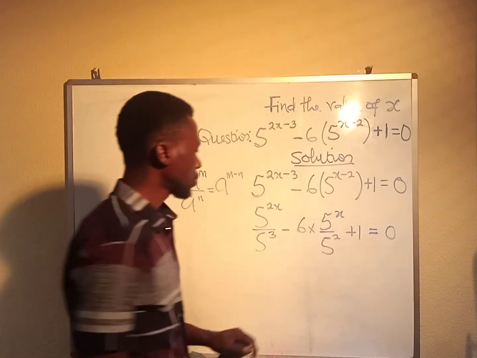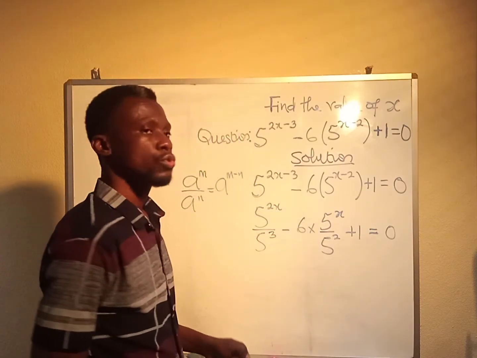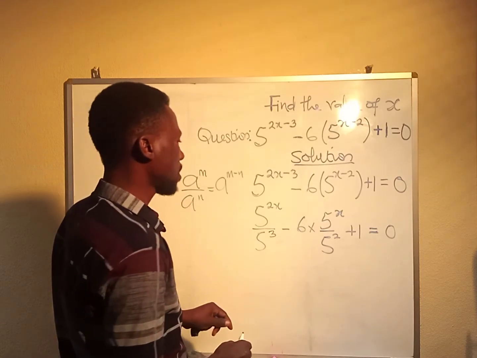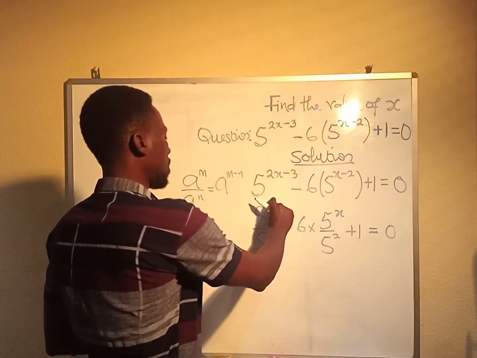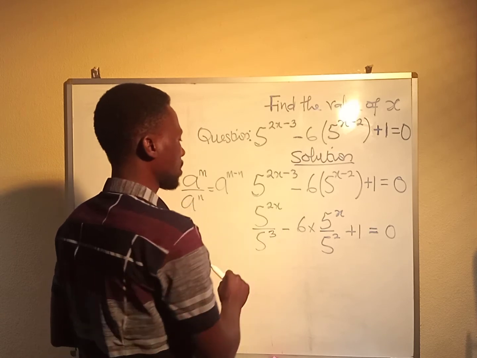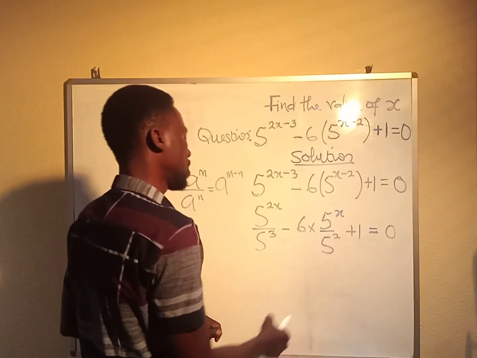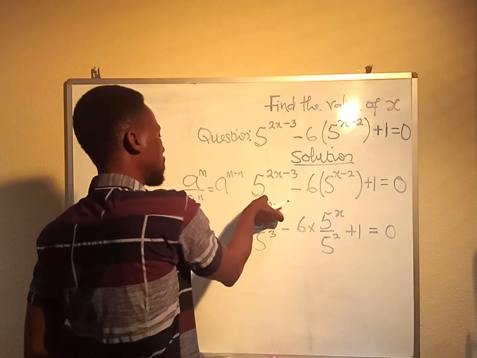All right. So now we say that we have 5 raised to the power 2x over here, and here we have 5 raised to the power x. Our aim is that we should also have 5 raised to the power x over here.